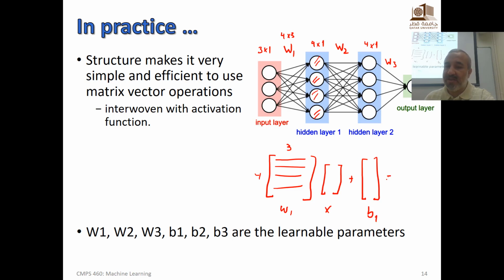That will give us what we call H1, which is also a vector of 4 by 1. So this is H1, this is H2, this is X, and this is the output, I think, called out in the code. So H1 will be 4 by 1.